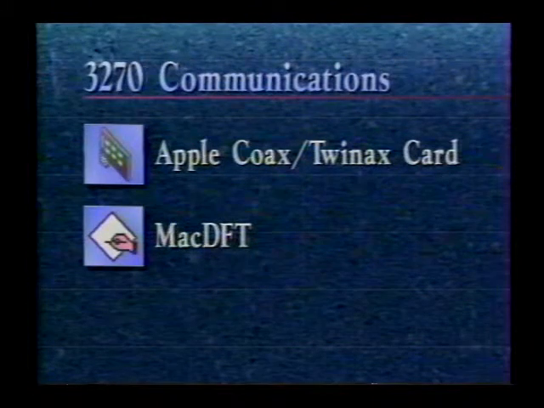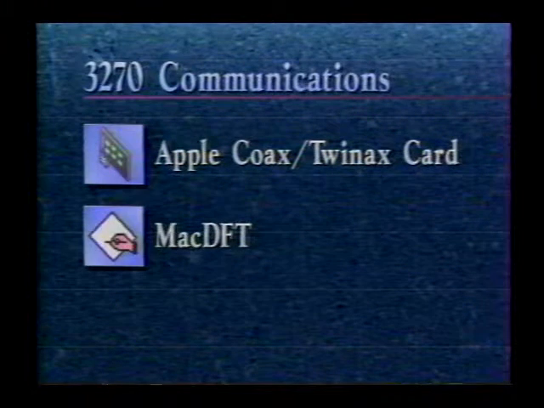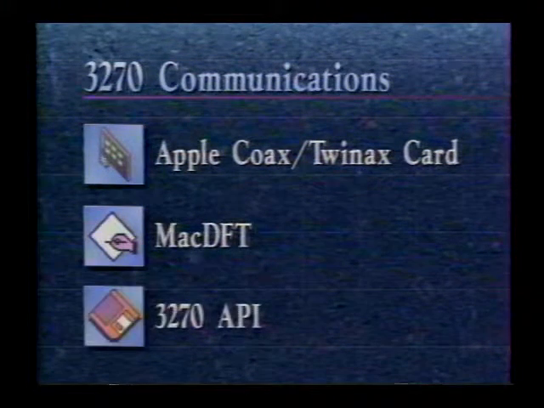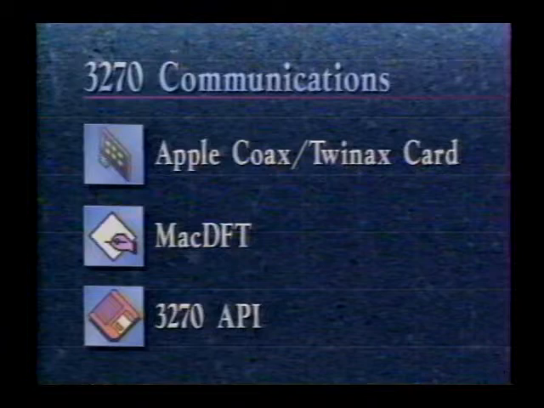One of the most critical elements of the Coax Twin-X card, in my opinion, is the 3270 API that we provide to developers. The Mac DFT application, which provides terminal emulation windows, is fine, but in our goal of providing Macintosh consistency and Macintosh interface on the IBM host, we need a way for IS application programmers, as well as commercial developers, to use these SNA facilities, but not present the end user with an emulation window, a text-based window.